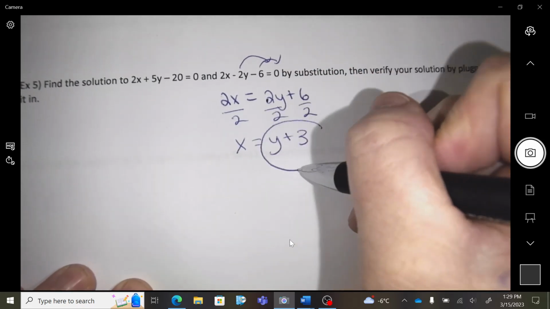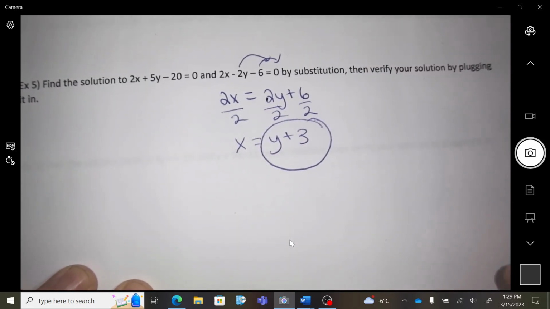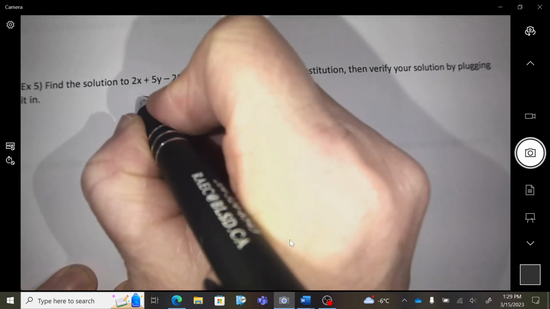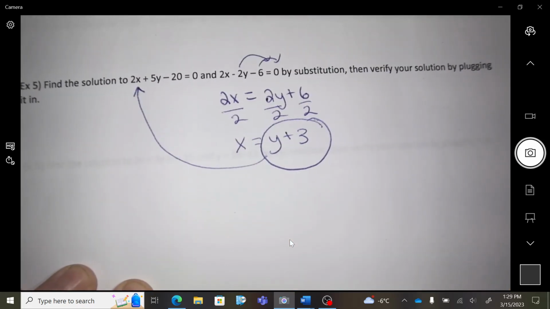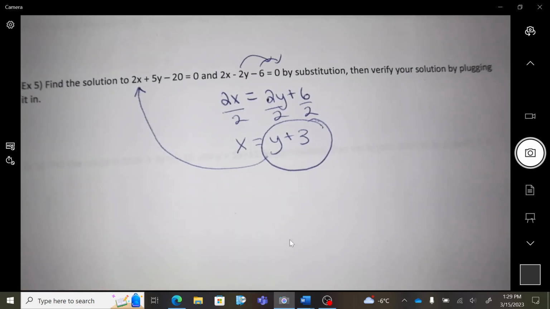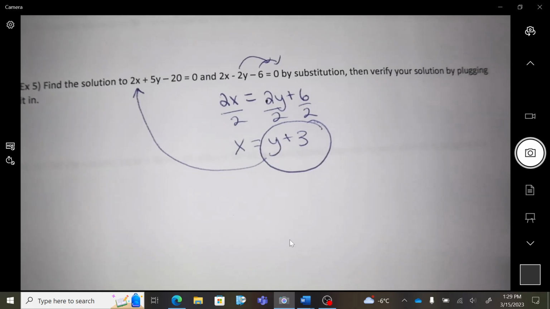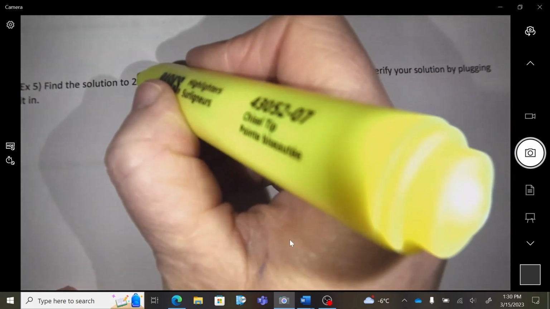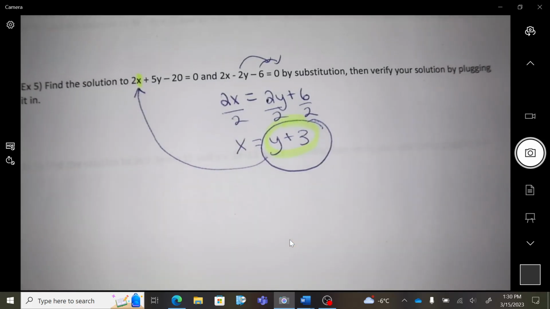Now, if this is equal to x, guess what I'm going to do? Substitute it into the x of the other equation. So you can go in there and substitute the x.